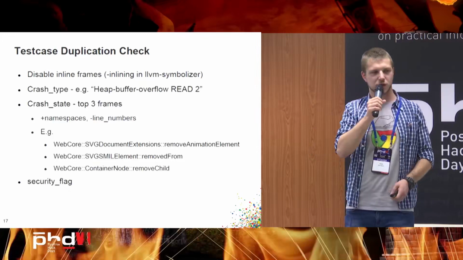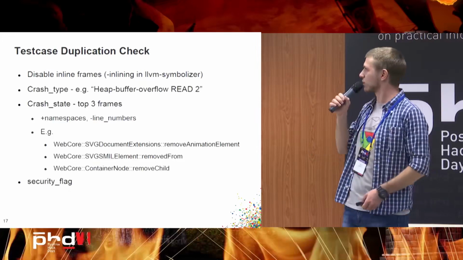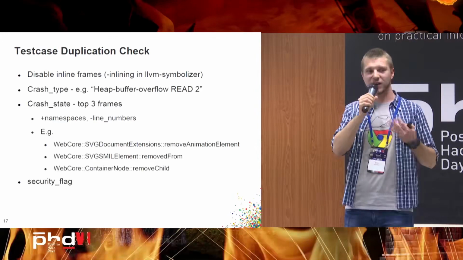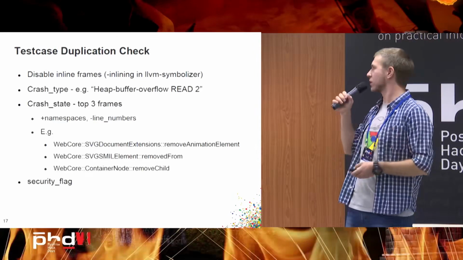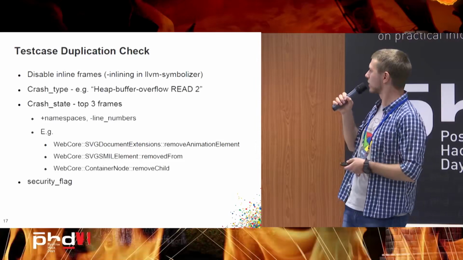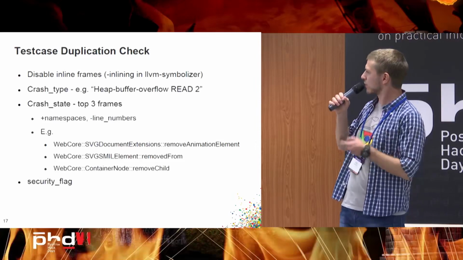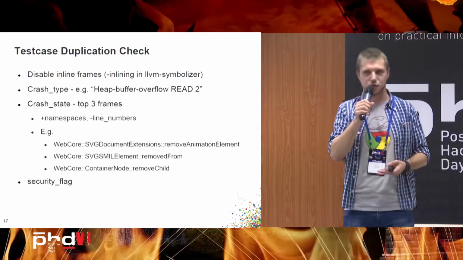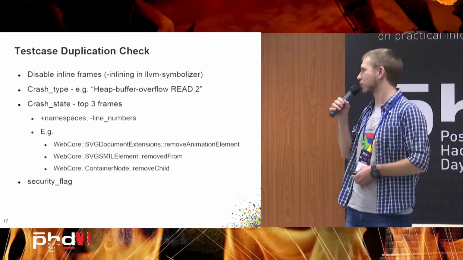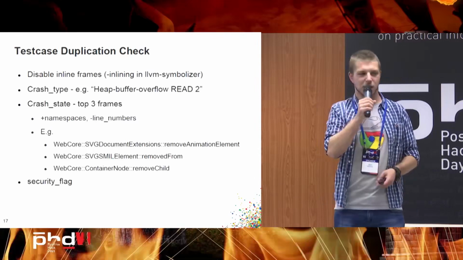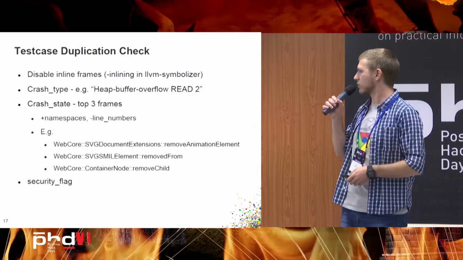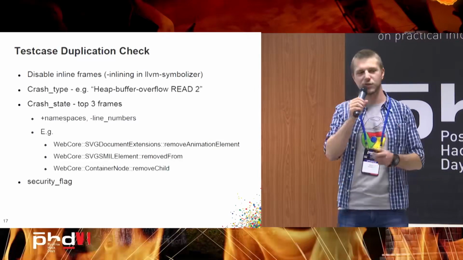Duplication of test cases, I'll cover that quickly. So the plan is that we'll use 3 factors from every crash. That is crash type and 3 top frames from crash state, including namespaces but no line numbers, because line numbers are not a valid indicator, really, they change way too much.